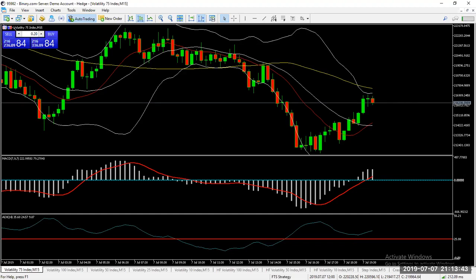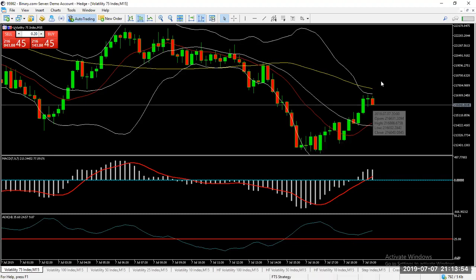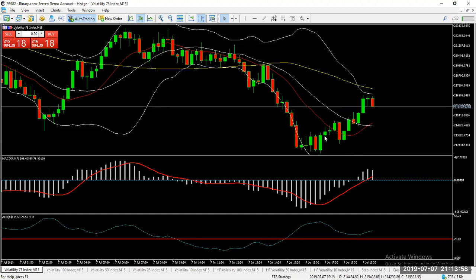I hope everybody understands the basics I just spoke about. I just showed us how to take a buy trade, the conditions responsible for taking a buy trade. There was a change in direction here, and we could see the candle started coming up to break the middle Bollinger band. This is the middle Bollinger band. This line is the lower Bollinger band, and this is the upper Bollinger band.